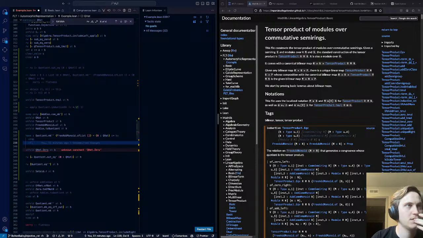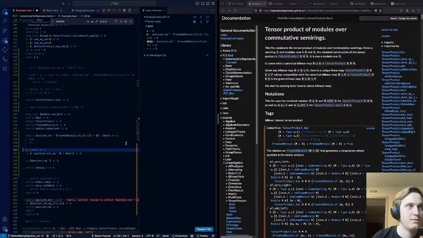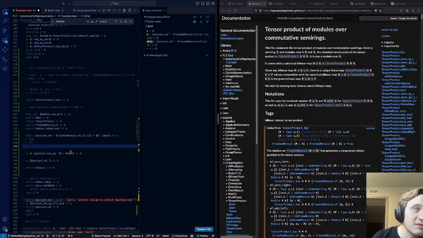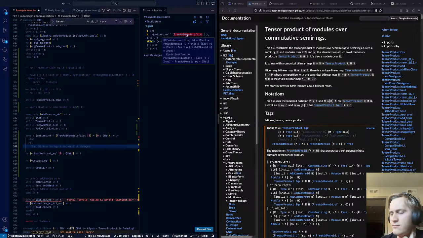Okay. So this seems right. Now this is a much better thing to have. In fact, in some sense, it's a list, the pre-AddMonoid of list, and it's equal to 0.